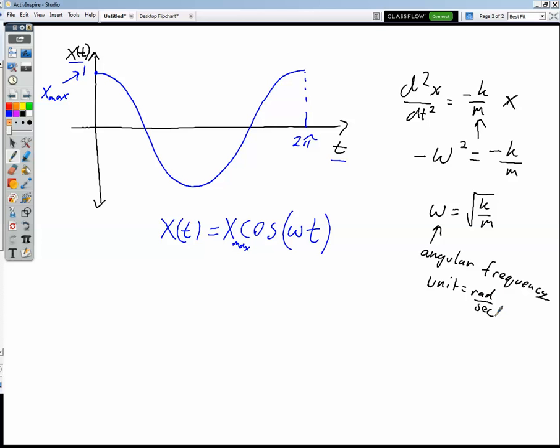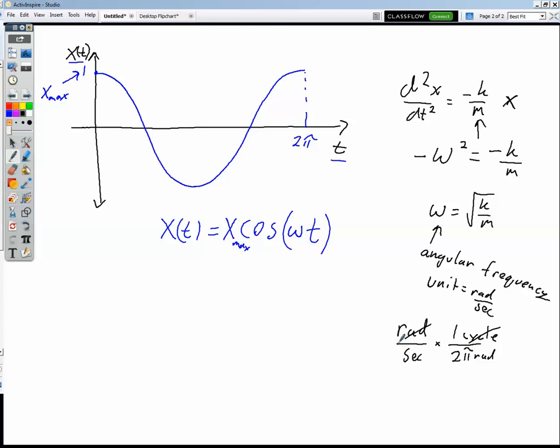And omega also does have a relationship to the actual frequency, the cycles per second. Notice that there's a unit of radians there. So how do we get rid of the radians? Well, if it's radians over seconds, and instead we want cycles per second, simple conversion, there's 2 pi radians in one complete cycle.